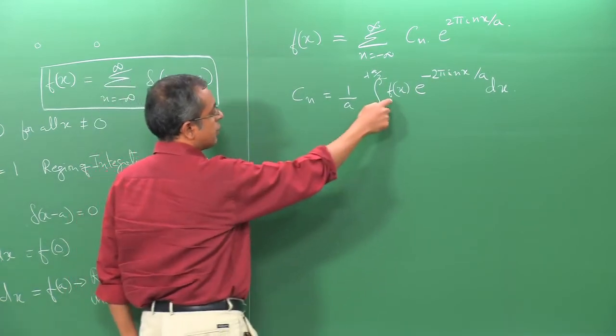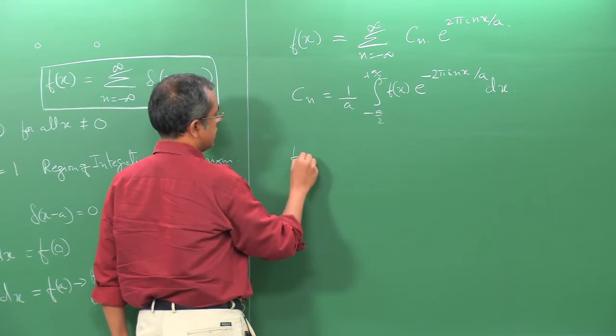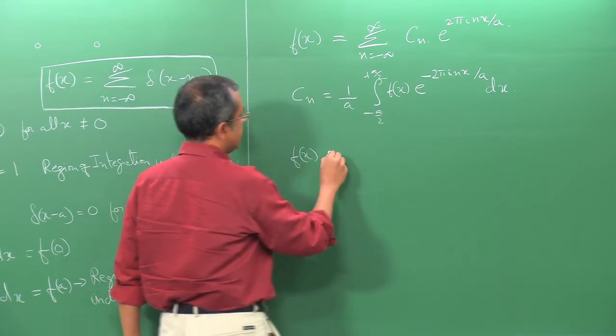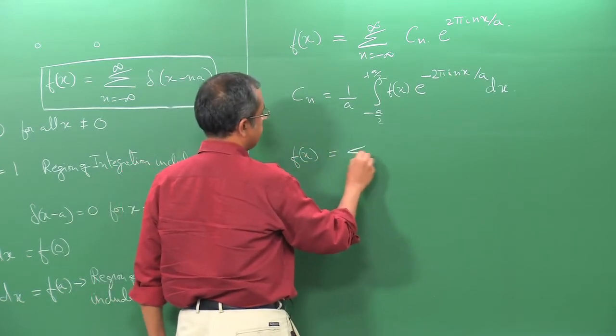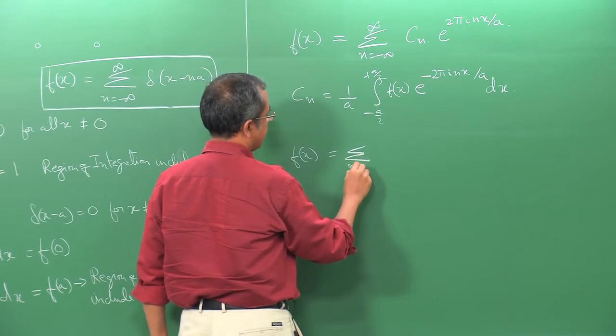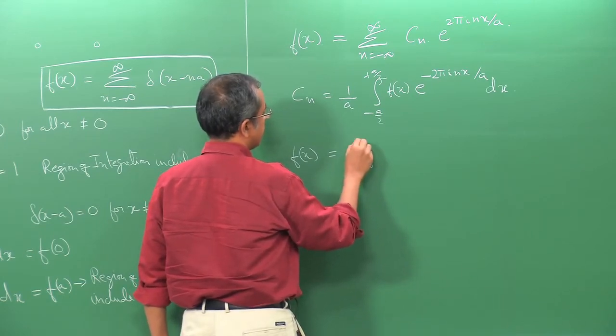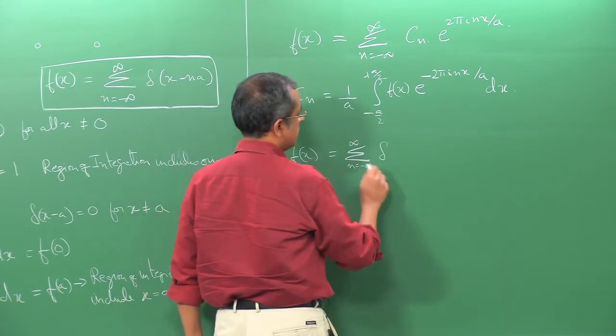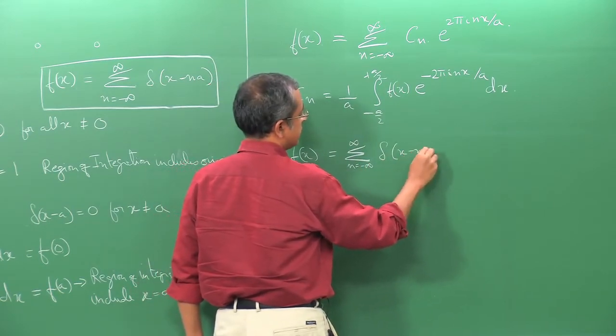Now, for us, for the 1D lattice, the f of x is basically what we have written as a sum, n going from minus infinity to plus infinity, of delta functions x minus n a.